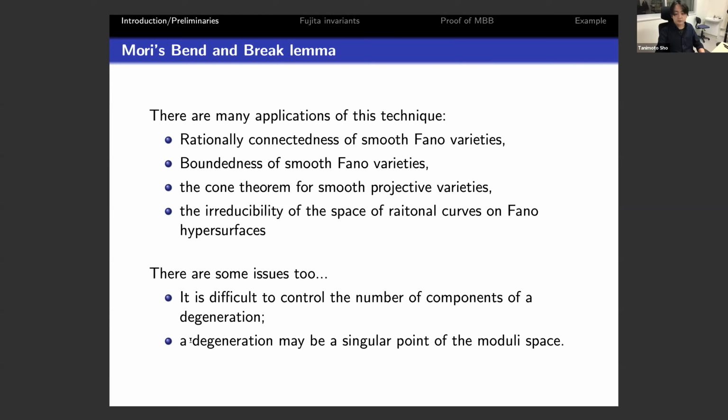If the degeneration is a smooth point, then we can exploit this fact to do something, like prove the irreducibility of the space of rational curves. I'll come back to this point later. But anyway, we would like to have some kind of controlled bend and break, so that's something we want.